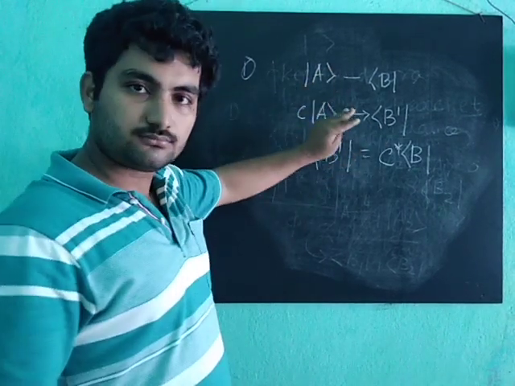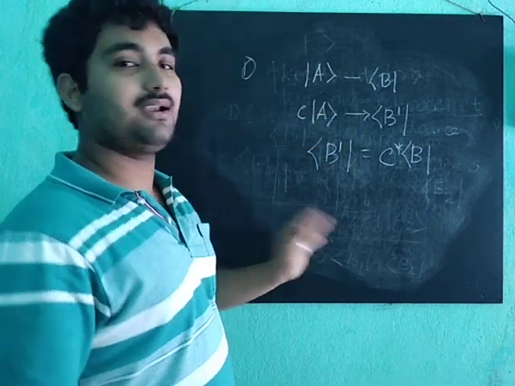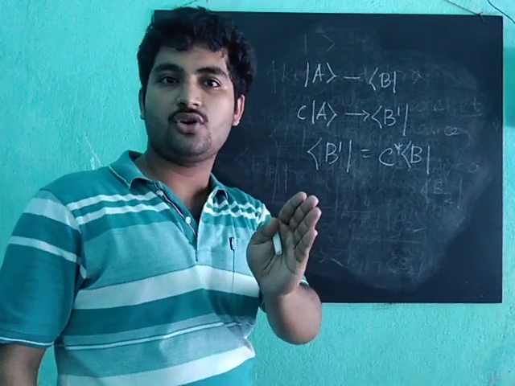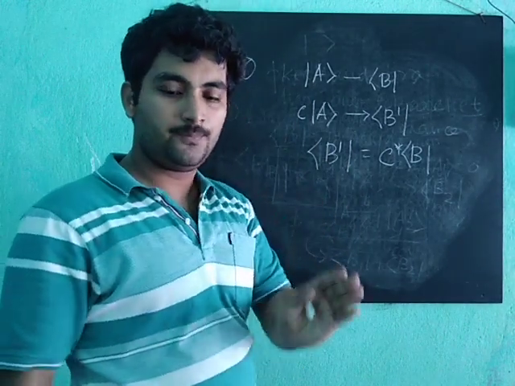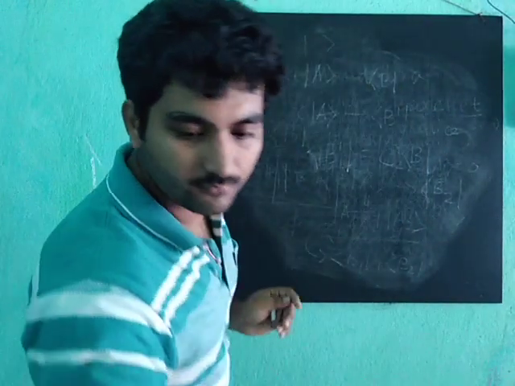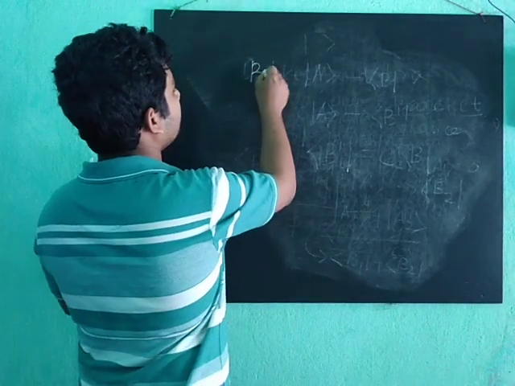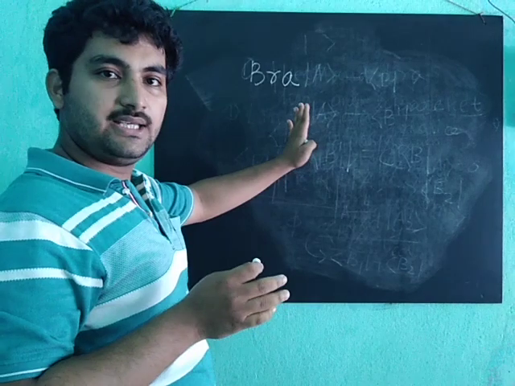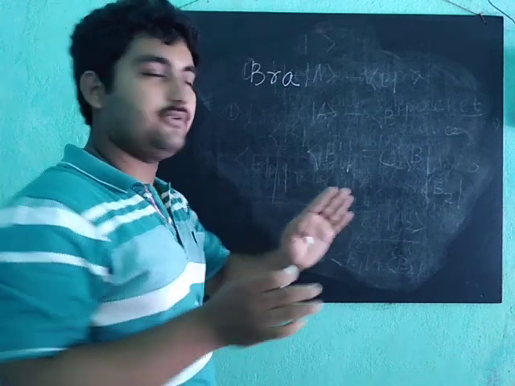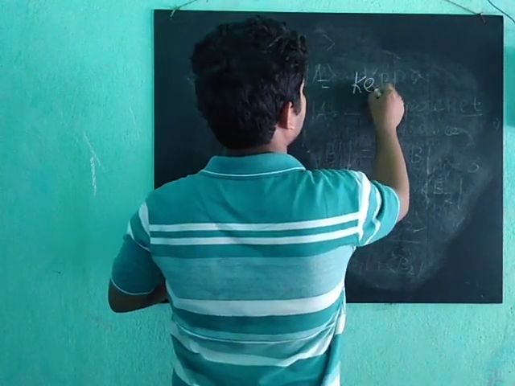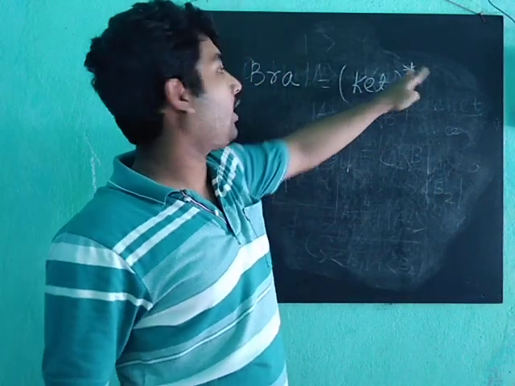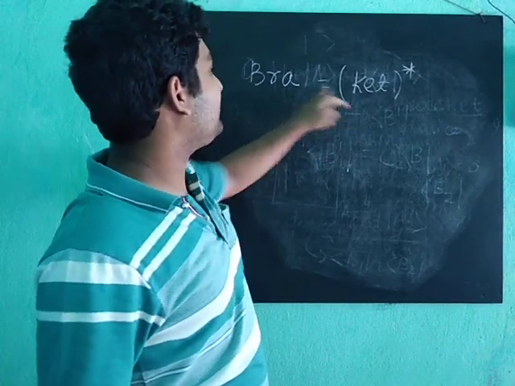And from this assumption, I demand that a bra vector is a complex conjugate of a ket vector. So the bra is the complex conjugate of the ket vector.